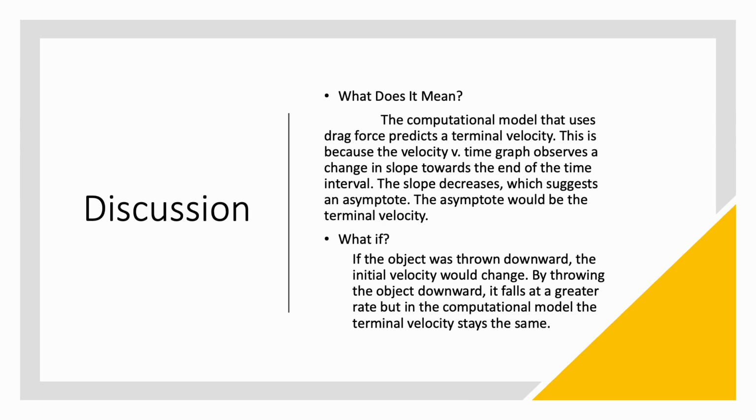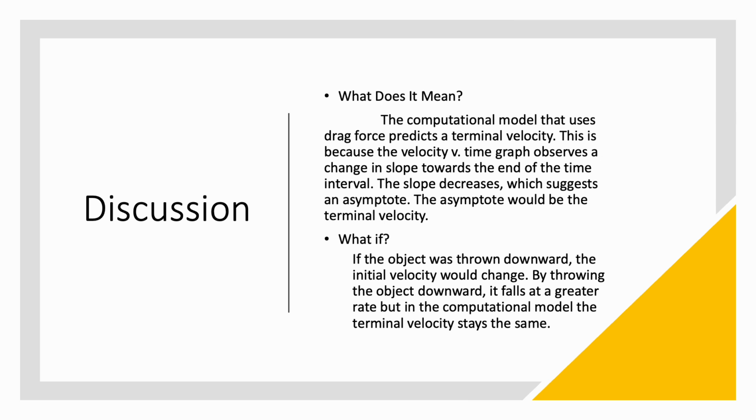So for the discussion, what does it mean, and the what if parts. What does it mean? Well, the question for that was which models predict a terminal velocity, and then looking at the velocity versus time graphs, how can we tell? So the computational model that uses the drag force is the model that most predicts a terminal velocity.